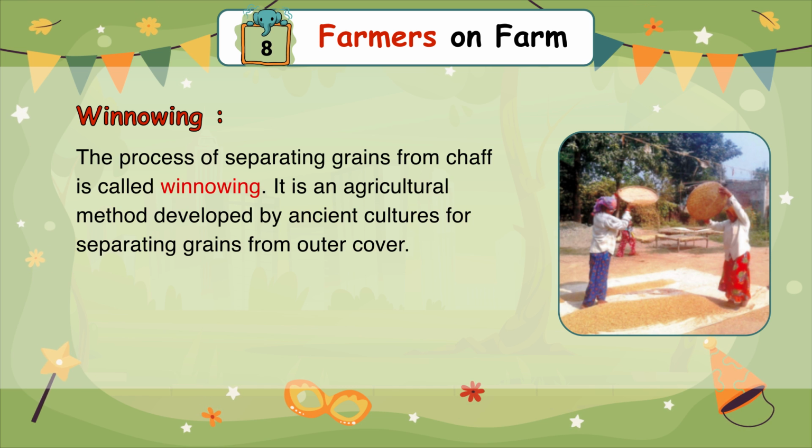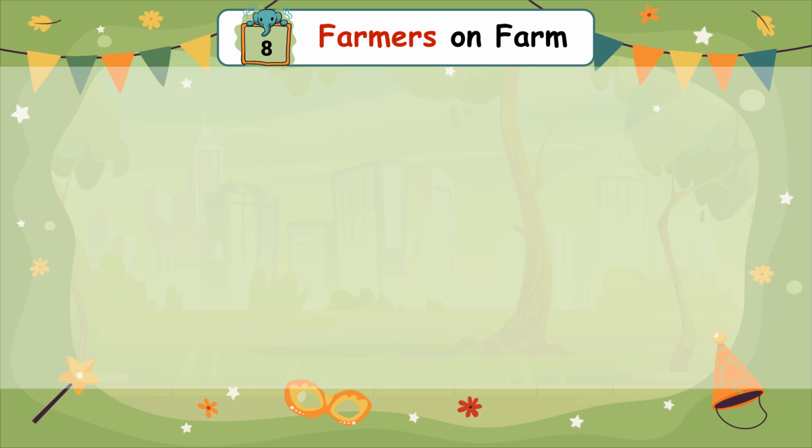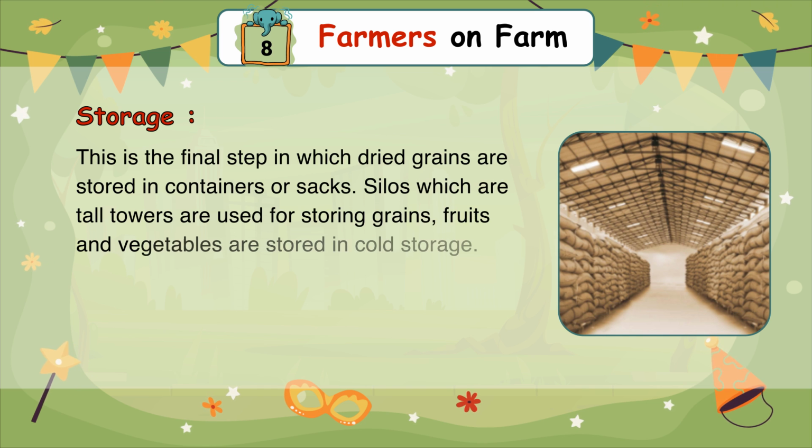It is an agricultural method developed by ancient cultures for separating grains from the outer cover. Storage. This is the final step, in which dried grains are stored in containers or sacks. Silos, which are tall towers, are used for storing grains. Fruits and vegetables are stored in cold storage.